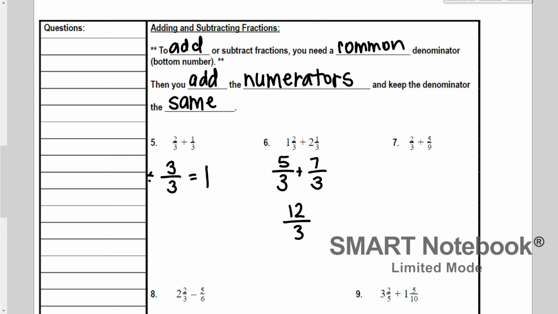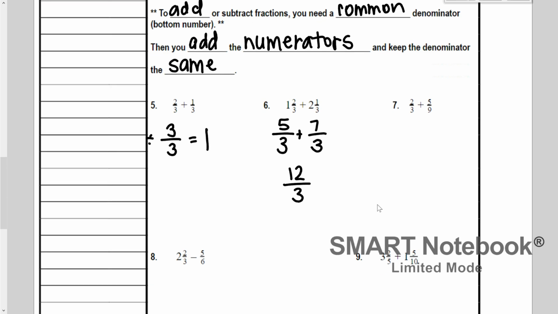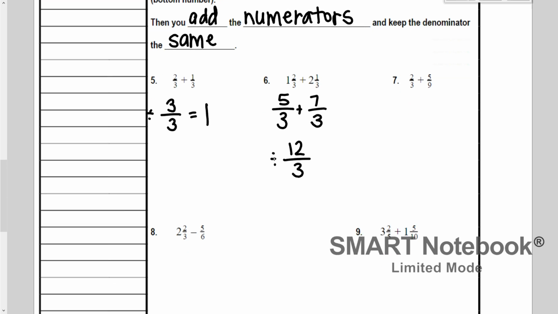Thirds stay the same, 12/3. Now when we simplify that, again, we're going to use that fraction bar as division. So 12 divided by 3 equals 4. You can also think like, how many times does 3 fit into 12? Same thing over here. How many times does 3 fit into 3? Once, 4. And then sometimes we will have leftovers.